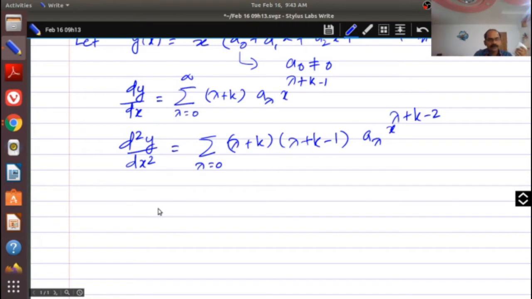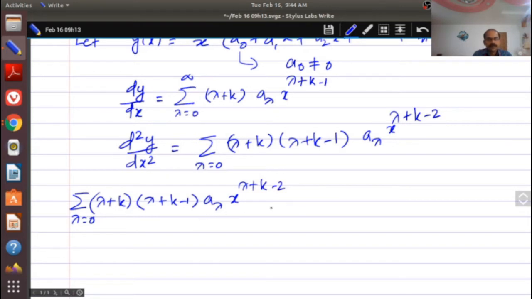So what is y double dash? Y double dash is this, summation lambda equal to 0, lambda plus k, lambda plus k minus 1, a lambda x raised to lambda plus k minus 2.